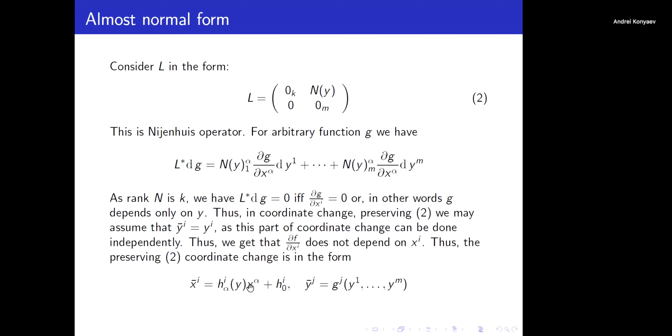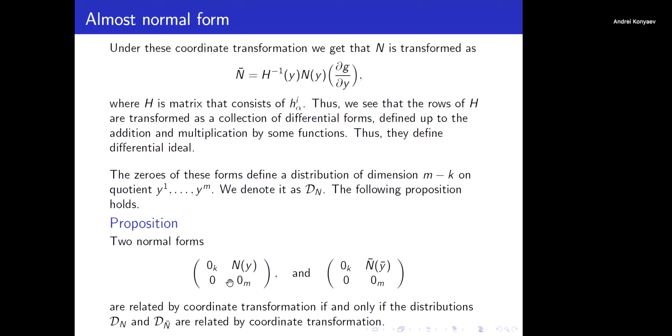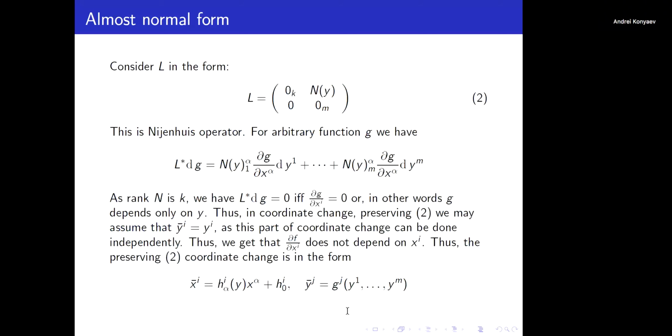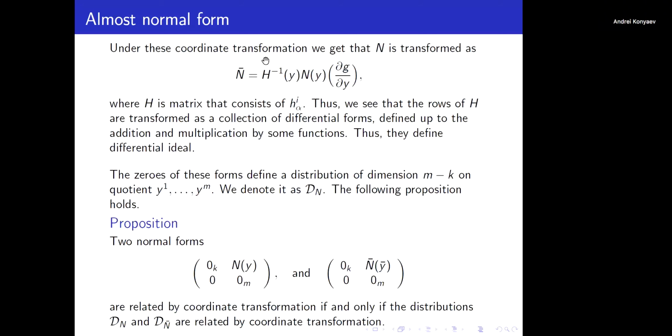And you see that they're supposed to depend on x linearly, because their partial derivative should not depend on x, which means they depend linearly. So we basically get the following coordinate changes. Under this coordinate change, the n is transformed like this. It's multiplied from one side by h minus 1 and from the other side by g.